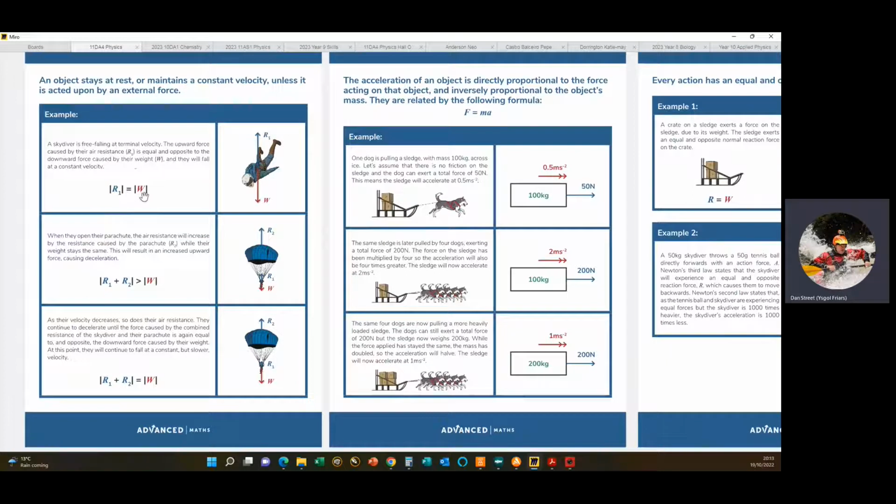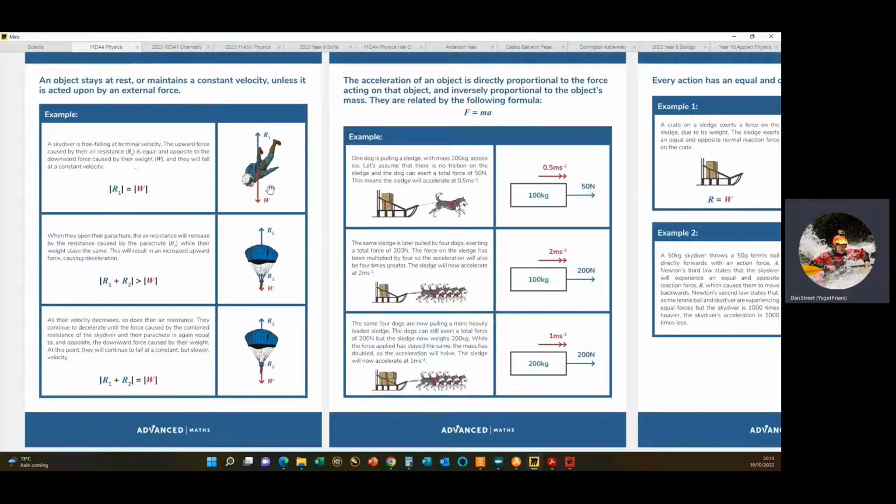Okay, so what we can consider at this point the weight to be the force, which is a combination of his mass and acceleration due to gravity. Okay, and he is traveling very fast downwards, but he is at constant velocity. He's not changing. Okay, he's not accelerating or decelerating. So here he is obeying Newton's first law because he is maintaining a constant velocity and is not being acted upon by any other external forces.